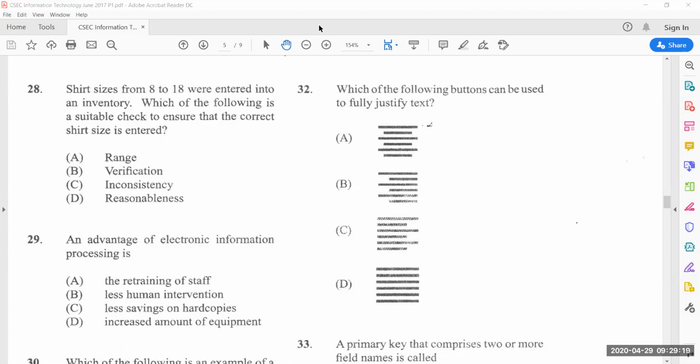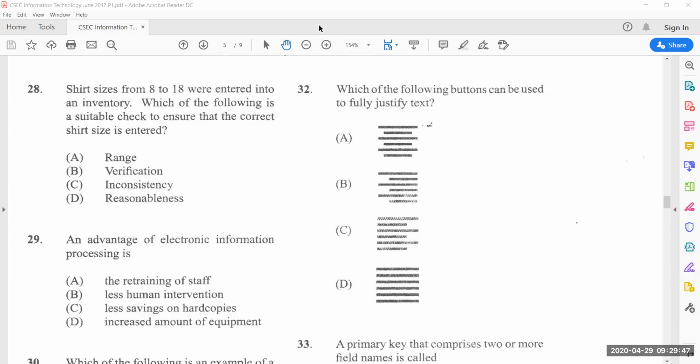Anybody thinks it's the validation check? No, so the range check ensures that the data entered is within a particular range, right?